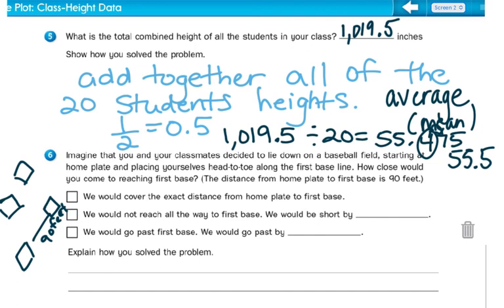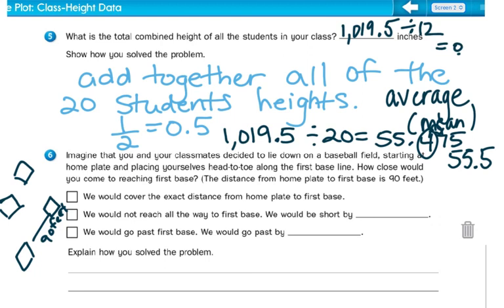So if we had 1,019.5 inches, we have to divide that. To convert that to feet, we would have to divide that by 12. So on my calculator, I press 1,019.5 divided by 12 inches in a foot.